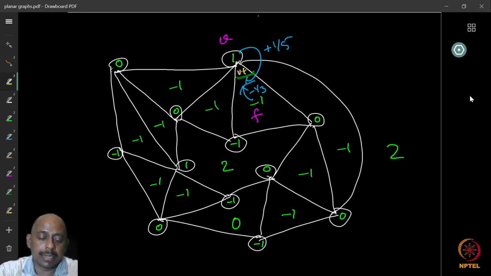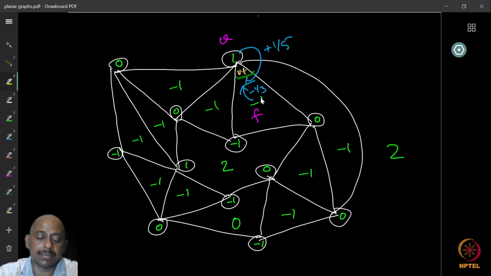So here is the rule in action. The vertex with degree 5 has charge 1. It gives charge 1 over 5 to each of the 5 corners. So in particular to this one, it gives a charge plus 1 by 5. Similarly, the corresponding face F is also giving a charge.